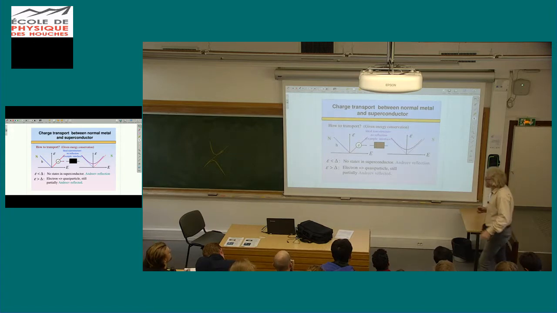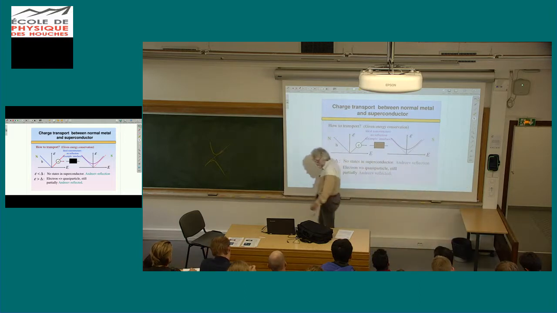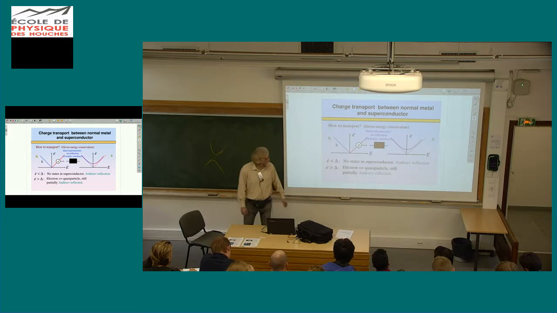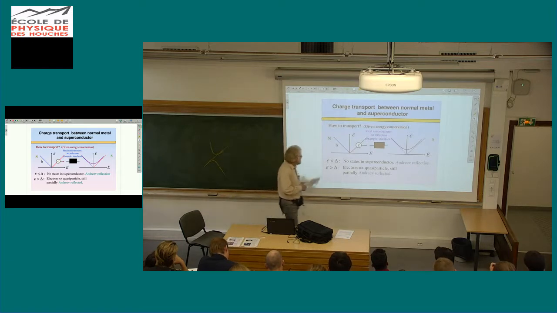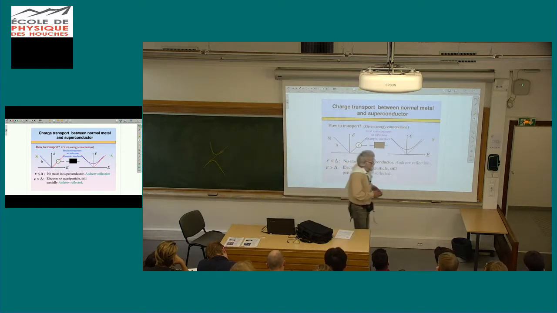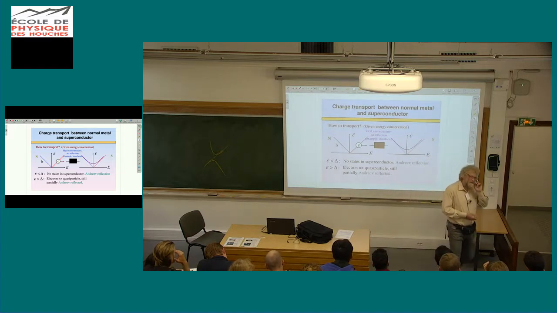All right. Let us see. Let me take an electron in the normal metal and direct it towards the superconductor. And let me take the situation when the energy of this electron is smaller than the energy of the superconducting gap. So then we have a very sharp situation for the gap.